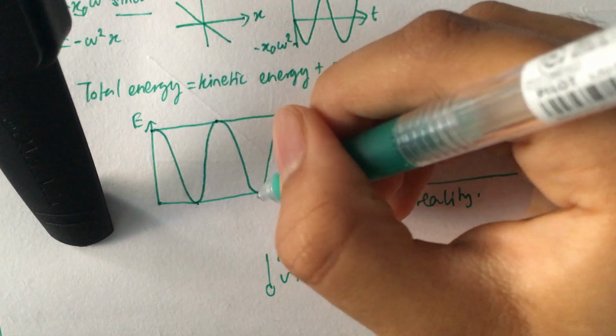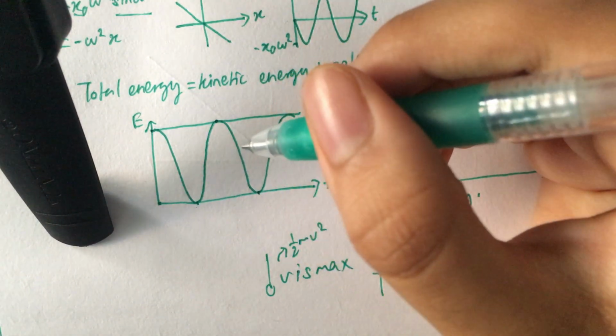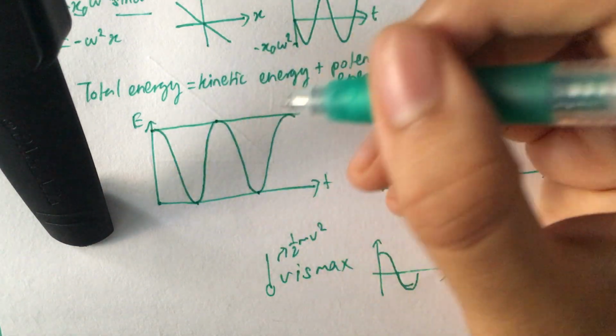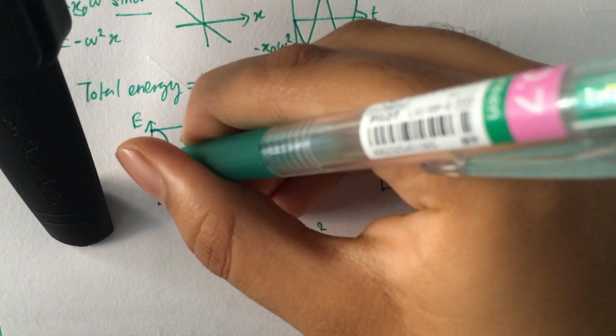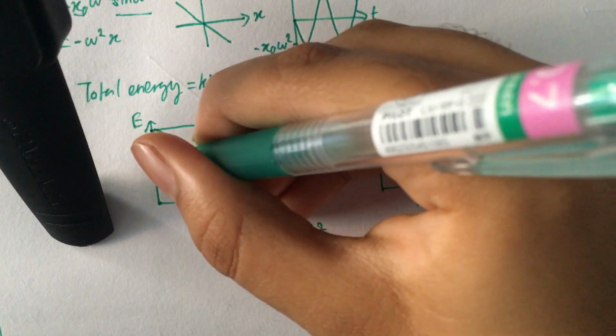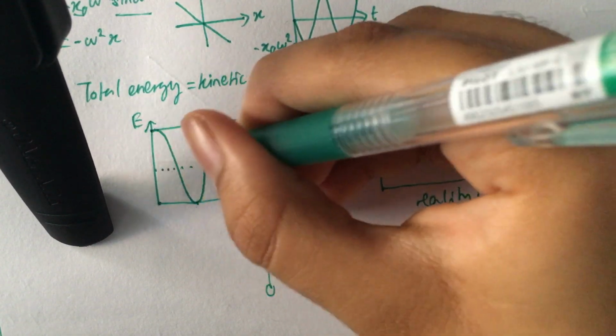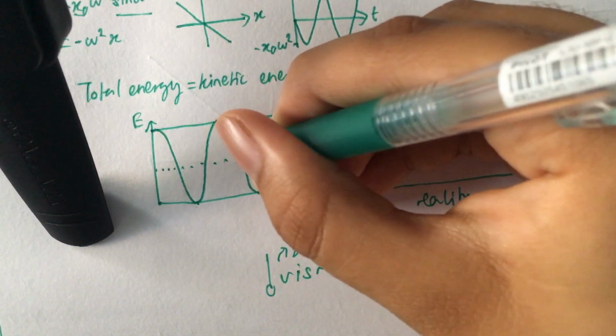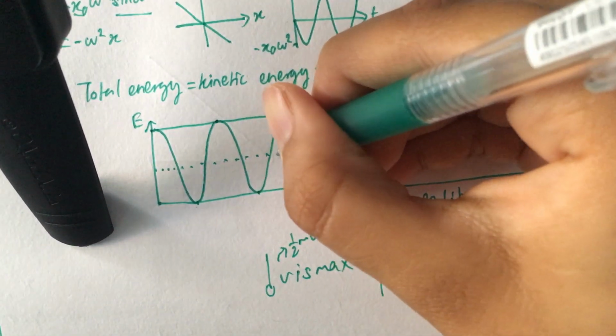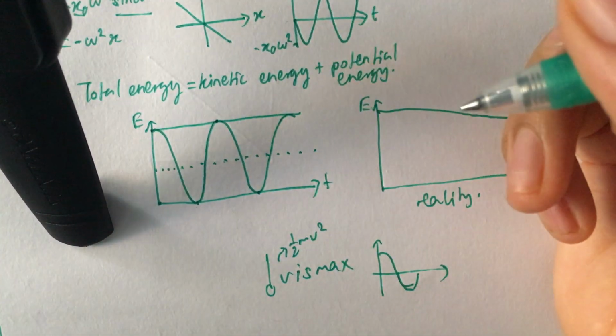But it won't go down, it'll go back up because it's a positive value. And the difference between the kinetic energy graph and the velocity graph is that the kinetic energy graph ends up having twice the frequency because it's completely positive.